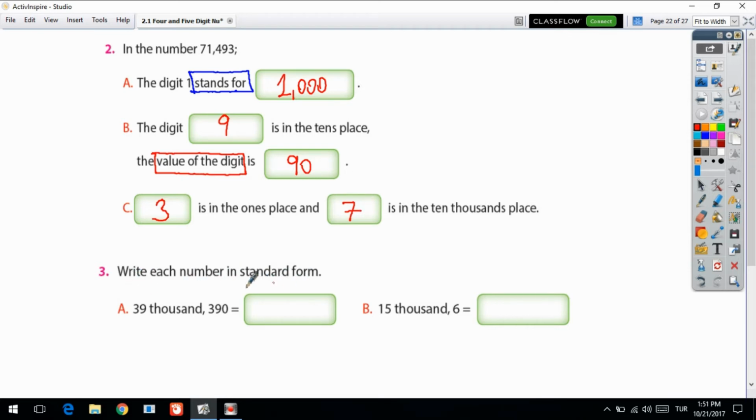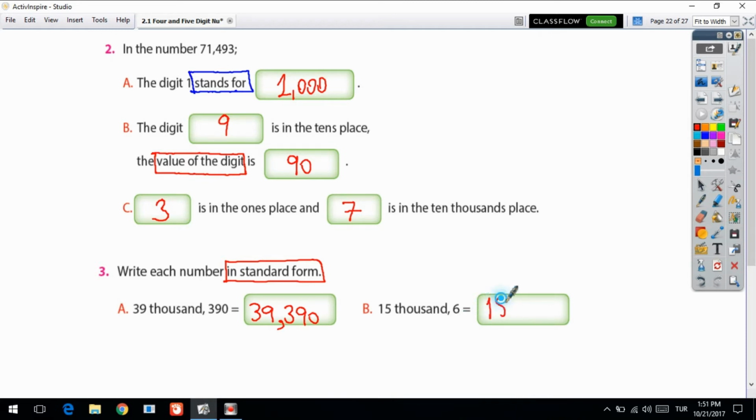Now let's look at question 3. Write each number in standard form. What's standard form? You write your number by digits. I am writing 39,390. When I say thousand, I put a comma, then I write 390. Now let's look at the next one: 15,000.